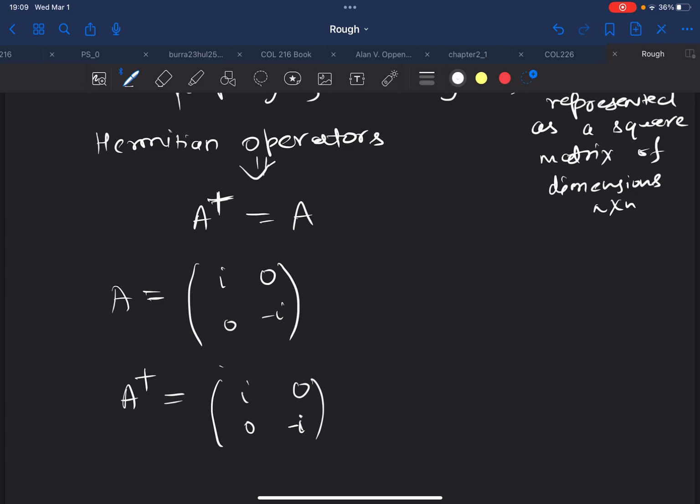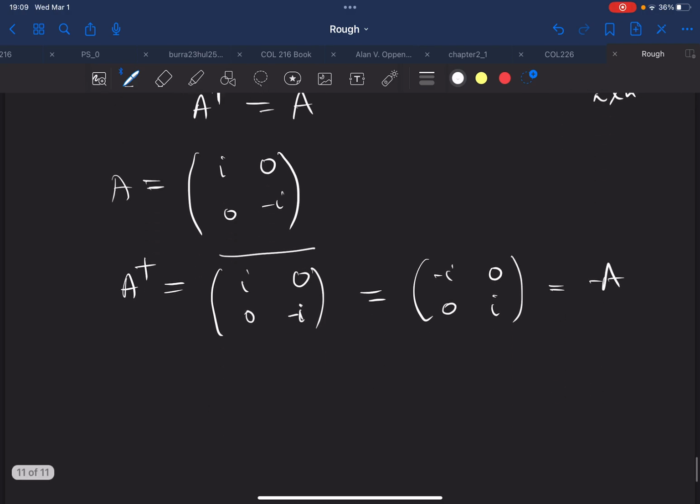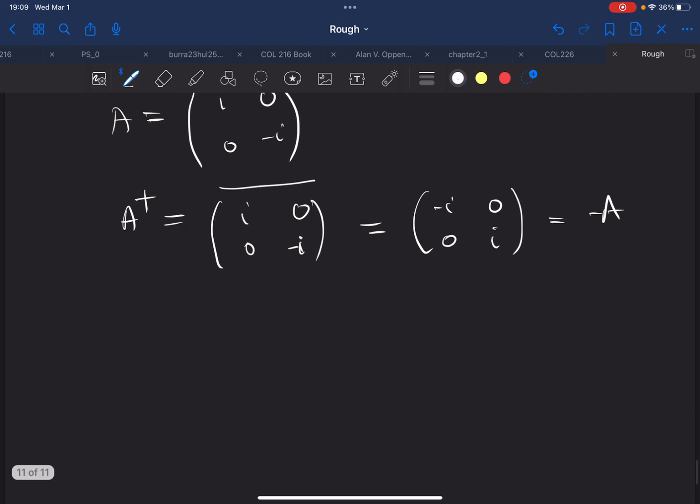When we take the conjugate of this, we get this, which is equal to minus A. This means that A is not Hermitian.